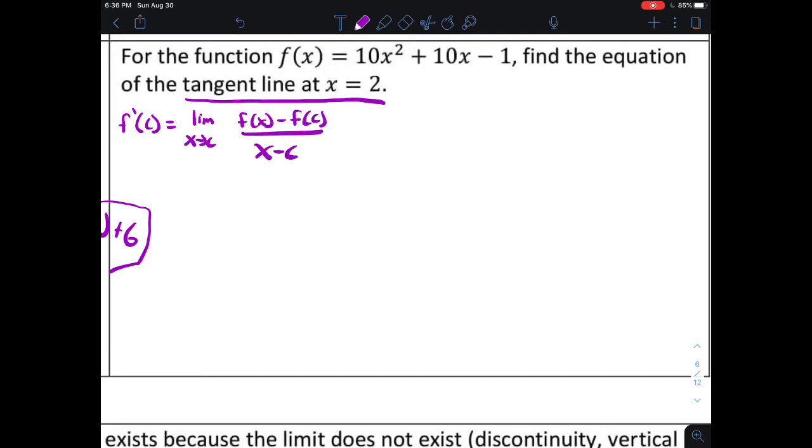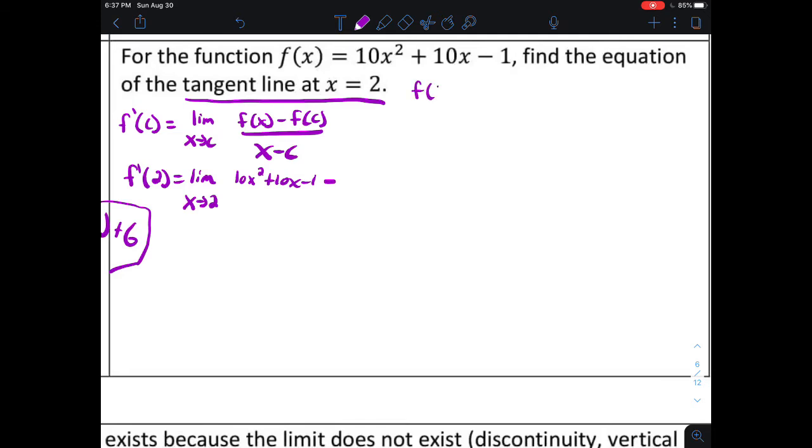So we're going to go this route. F prime of 2 would equal the limit as x approaches 2 for my equation, so 10x squared plus 10x minus 1 minus f of c.